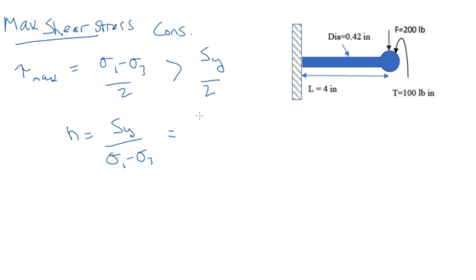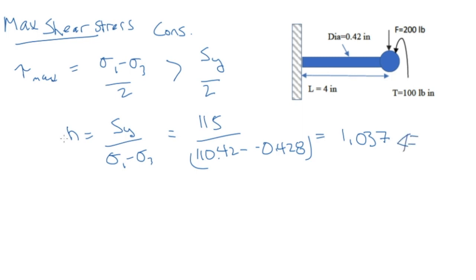And we get 115 because we know this from the problem statement as the yield strength divided by our two principal stresses. And this gives us a factor of safety 1.037. That's our first factor of safety.